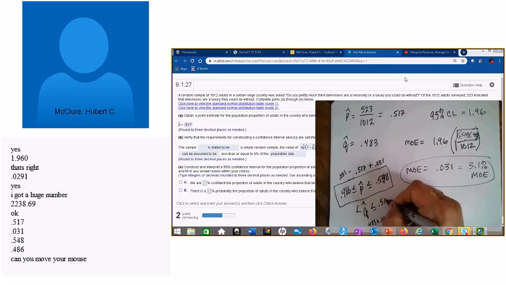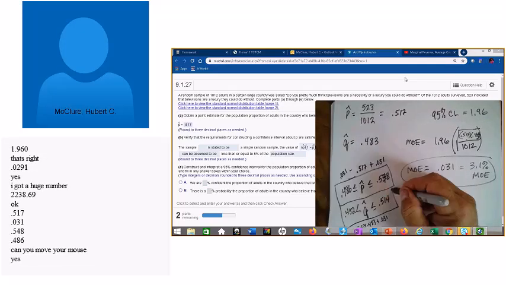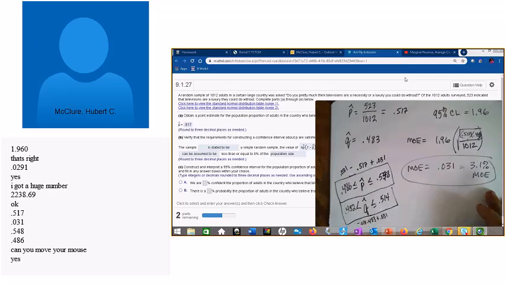Somebody check that, 0.514. And 0.483 minus 0.031 is 0.452. I don't know if they're going to ask that or not, but yes.